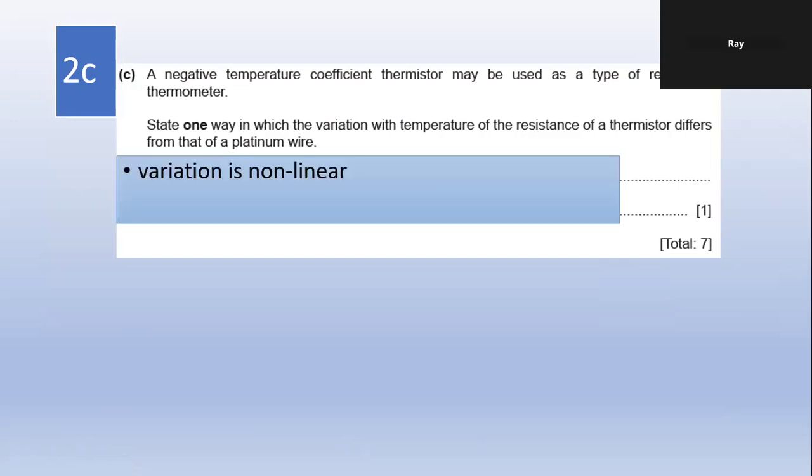The variation is inversely proportional, and non-linear. As you say, as the temperature increases, the resistance decreases. That's the alternative answer.